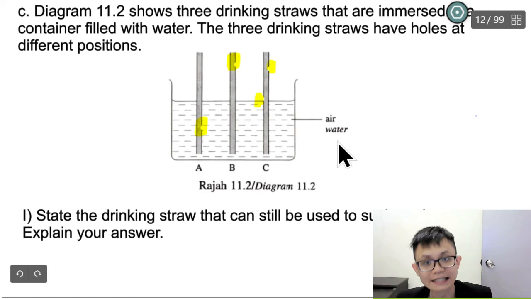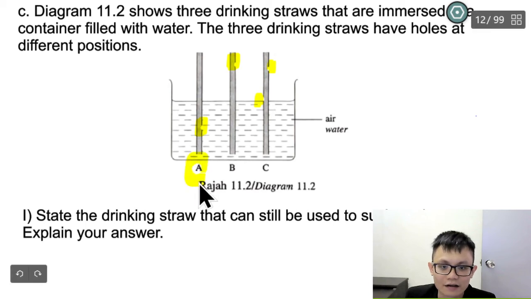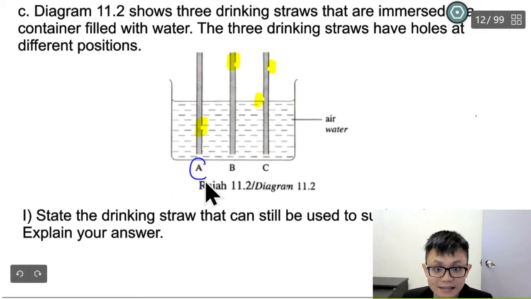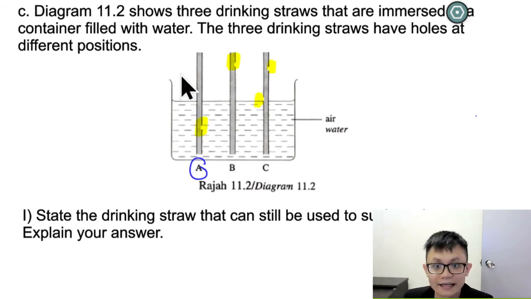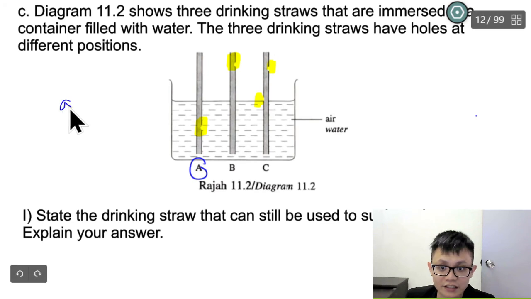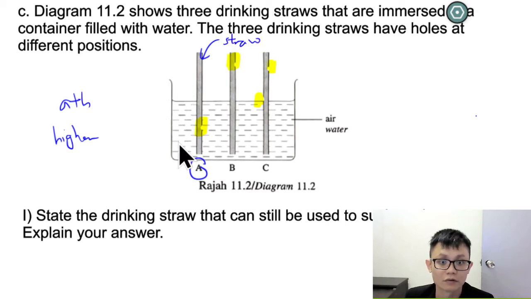State the drinking straw that can still be used to suck the water up. Explain the answer. Very easy. So which straw would you use? Of course, it's A, correct or not? The answer is A, obviously, and you want to explain. So what you can say is the atmospheric pressure outside is higher than inside the straw, so that it will push the water up the straw.